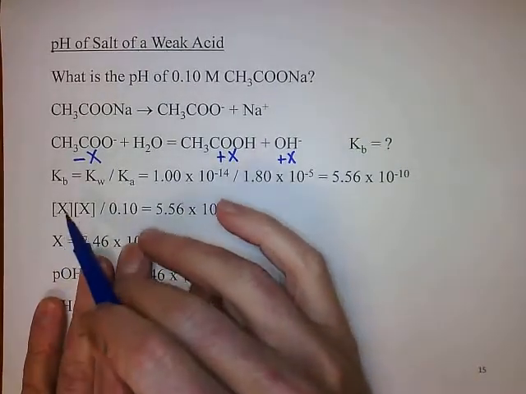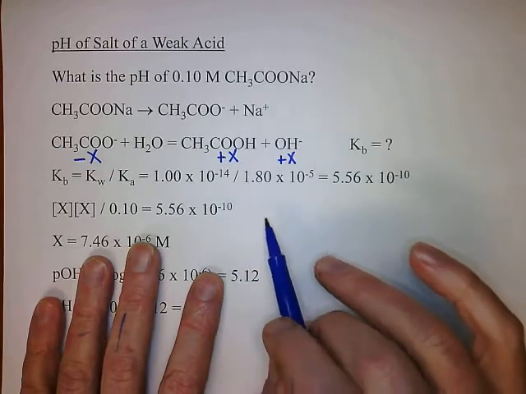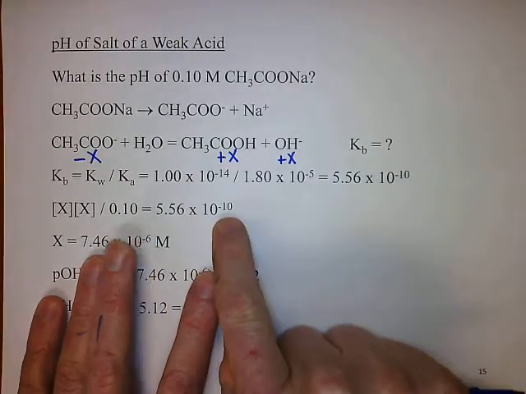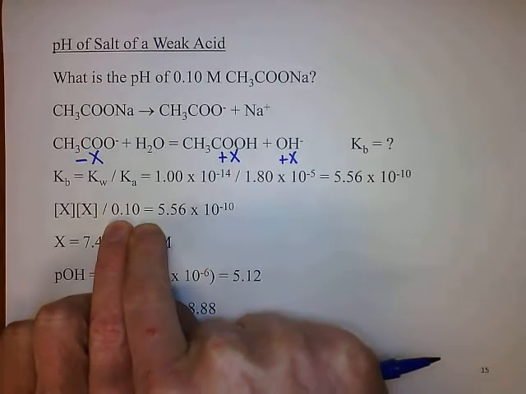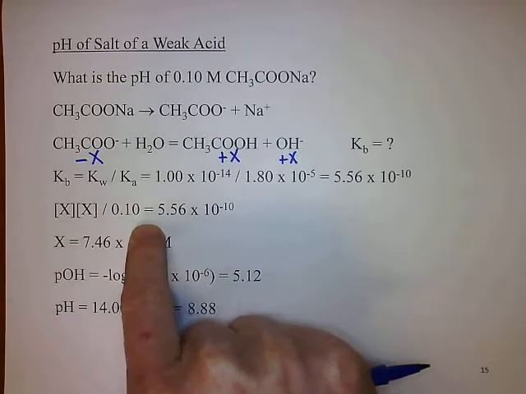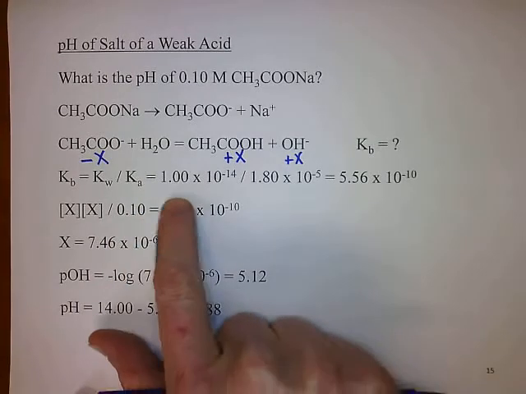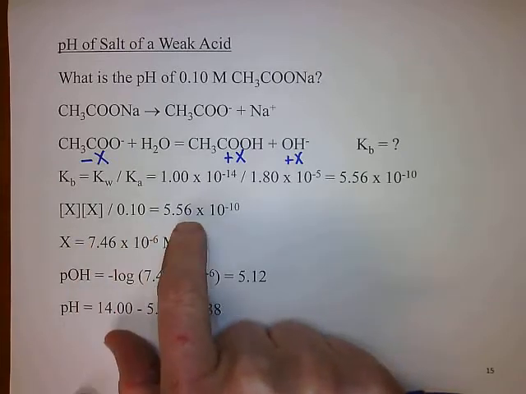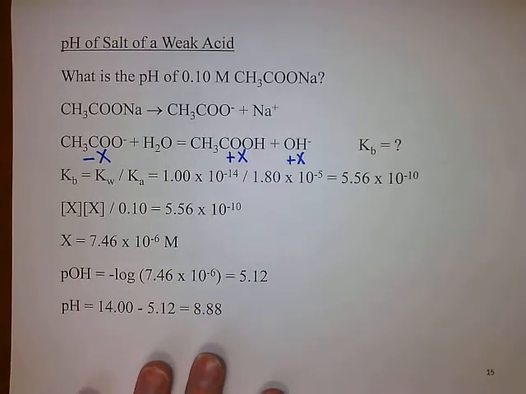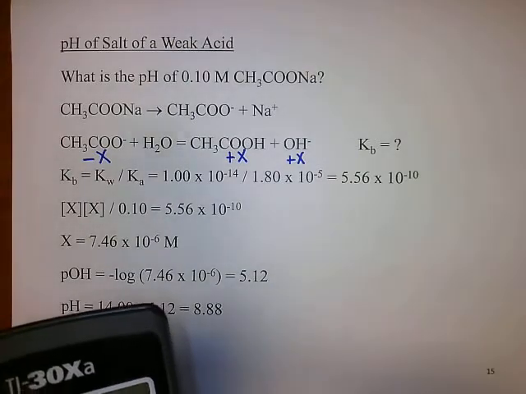So now the equation we have to solve is X squared over 0.1 equals 5.56 times 10 to the minus 10. Like before, we're going to neglect the effect of the dissociation and assume that 0.1 minus X is equal to 0.1. I didn't spell it out here, but that's what I did. So let's backtrack just a second.